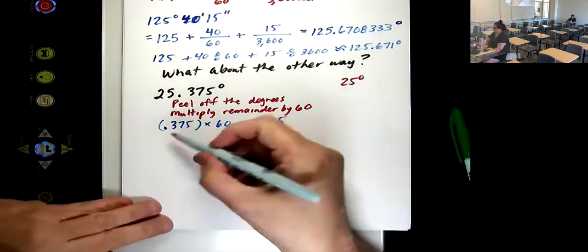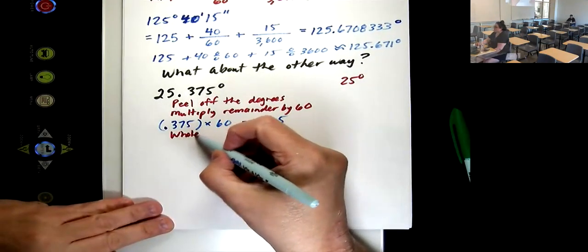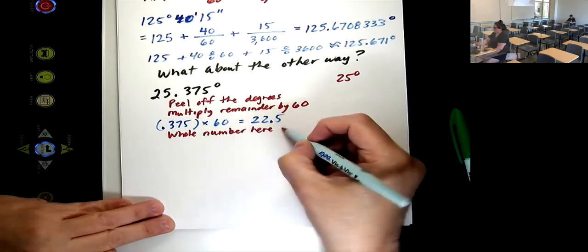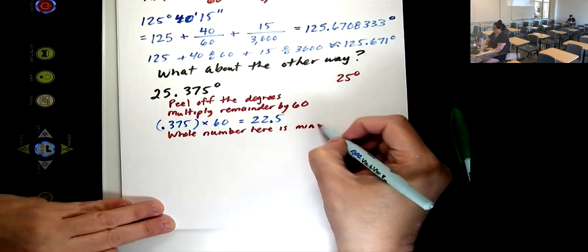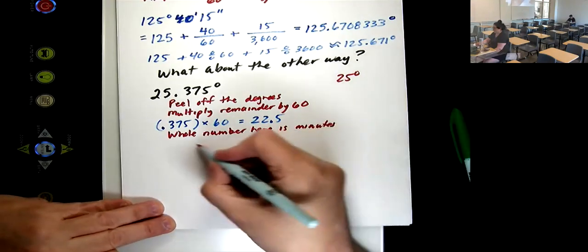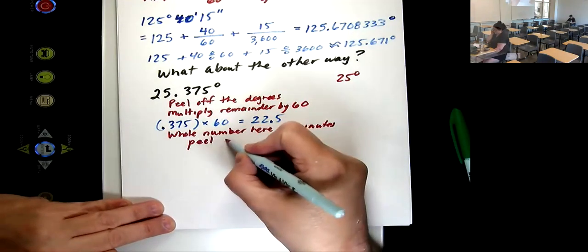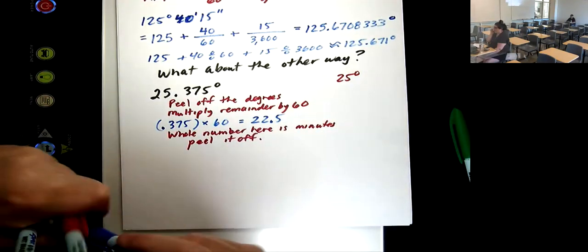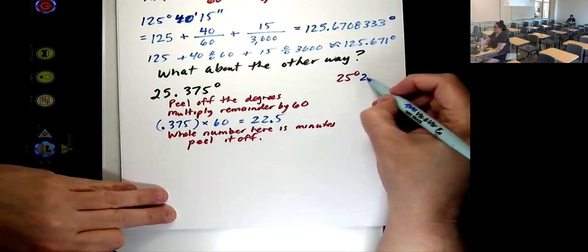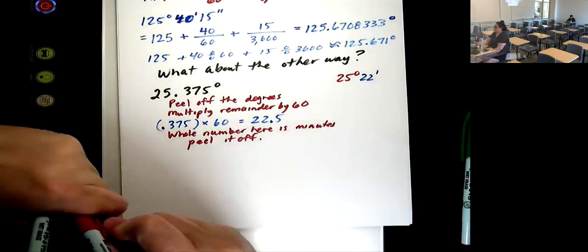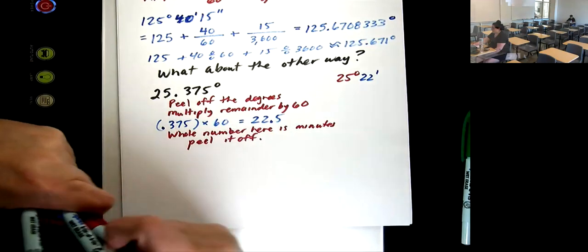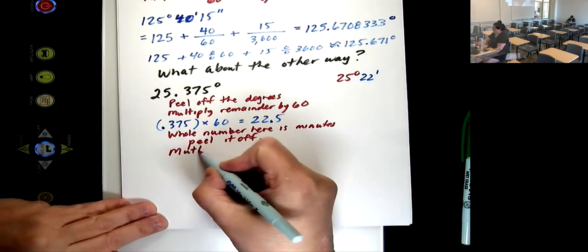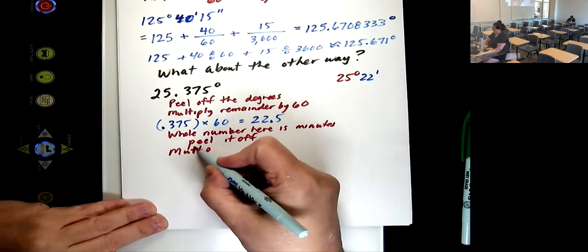The whole number here is minutes, and we'll peel it off: 25 degrees, 22 minutes. And we will take the remainder and multiply again by 60.